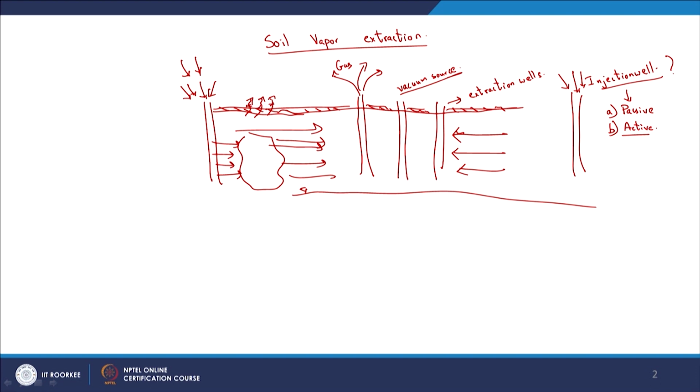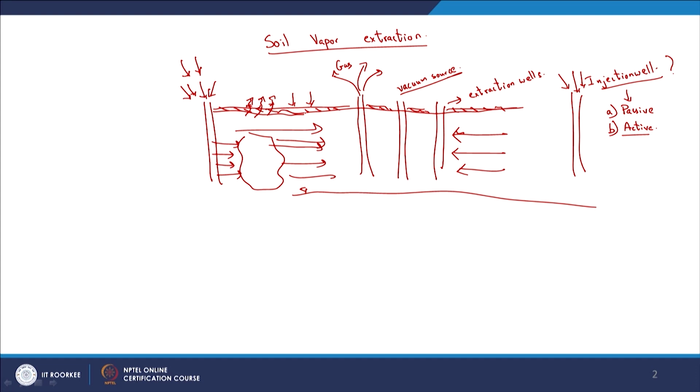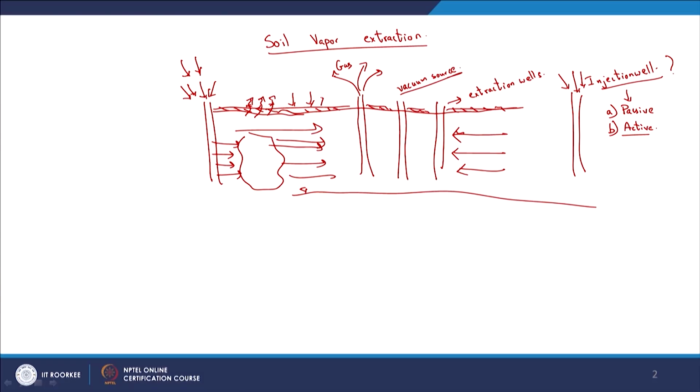And once you start pumping the contaminated gas out, you do not want a great level of interference from the outside environment too. So, you need to have an impervious layer here.